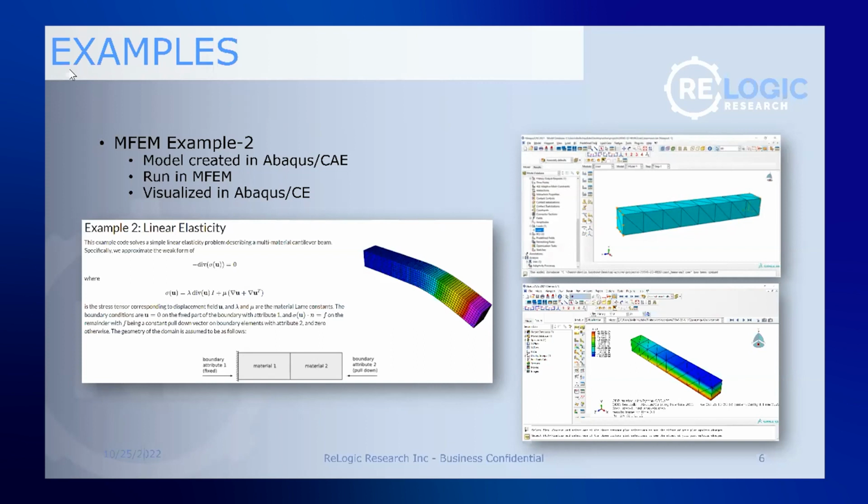So all the model development and post-processing happens in the Abaqus CAE environment, and the software layer simply translates that information into MFEM files, and then MFEM does the solve.